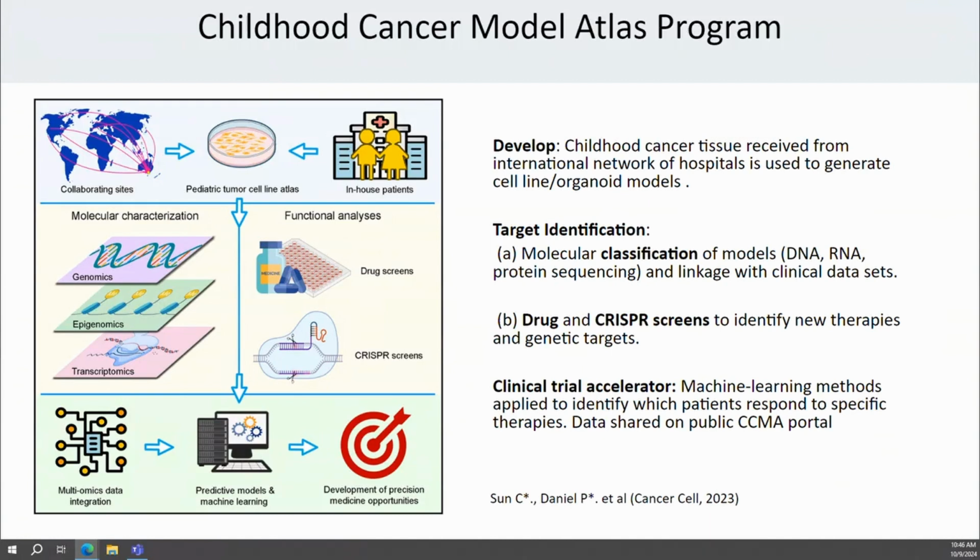And then these models are subjected to both molecular feature analysis as well as drug and genetic screens.